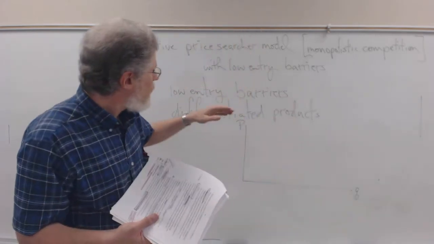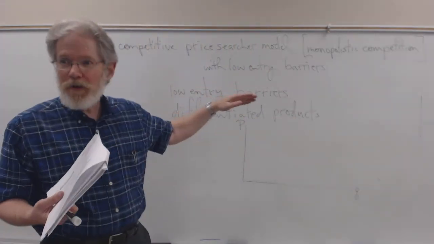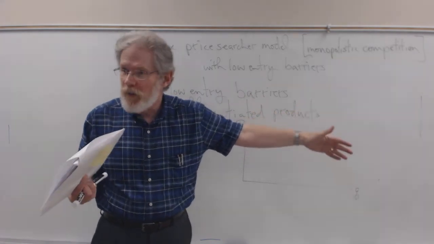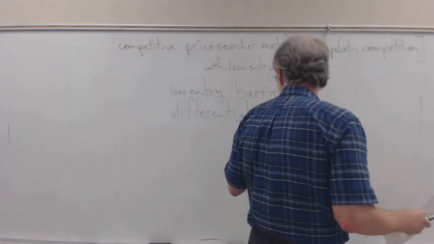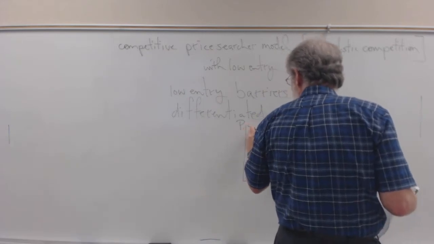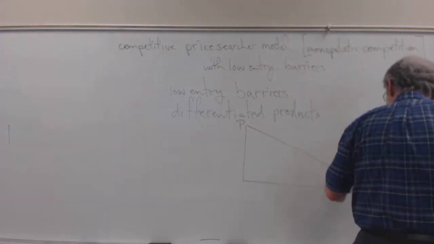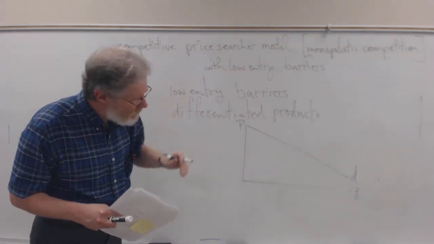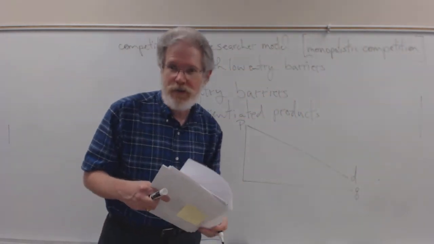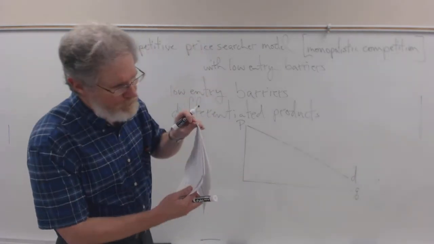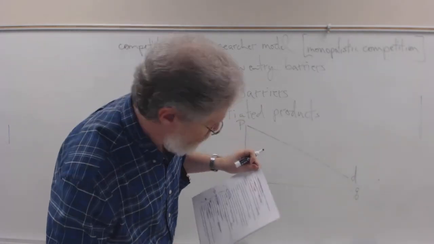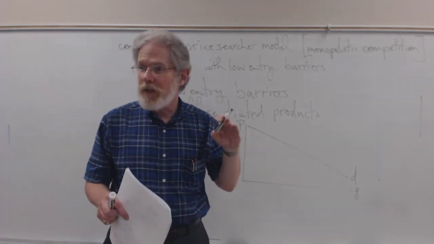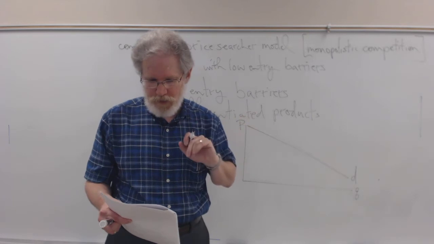And that means if Burger King raises its price, it's not going to sell as much. If they lower their price, they will sell more. Okay? So another characteristic of a price searcher market is that the demand curve is going to be negatively sloped. In order to sell more, the firm is going to have to cut its price. There are some big implications of that, as we'll see in just a second.